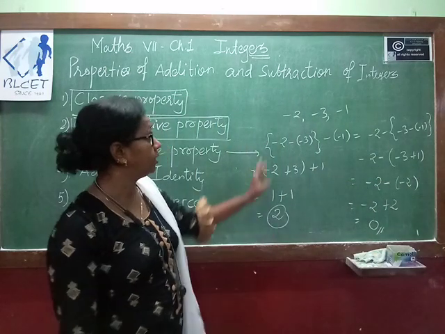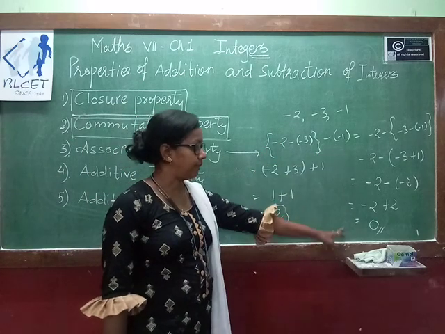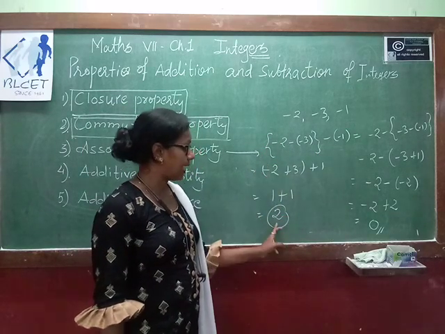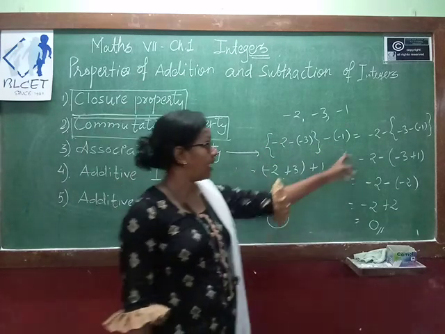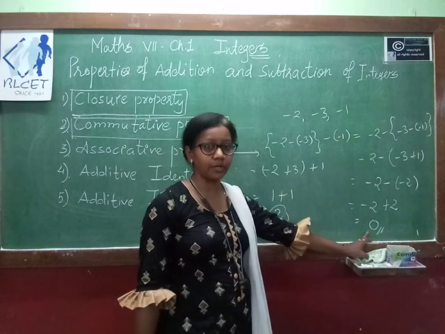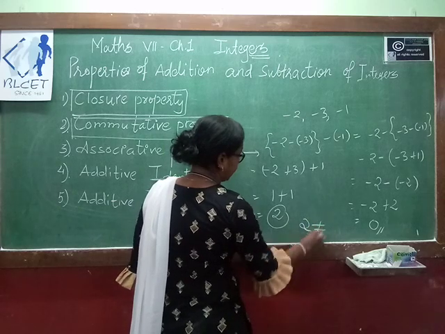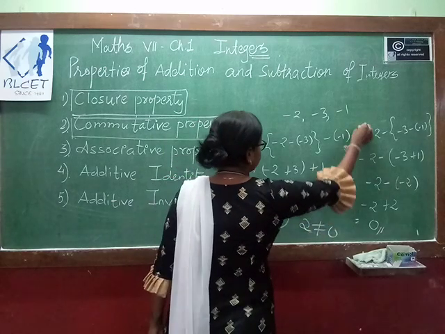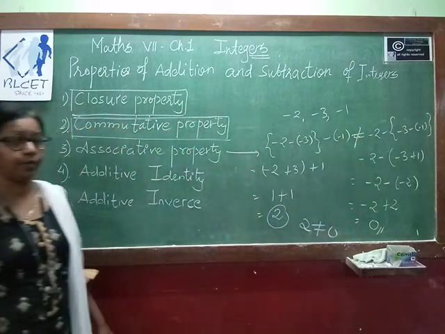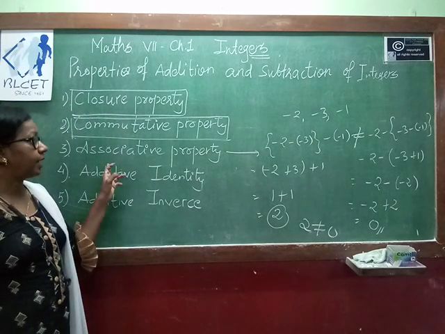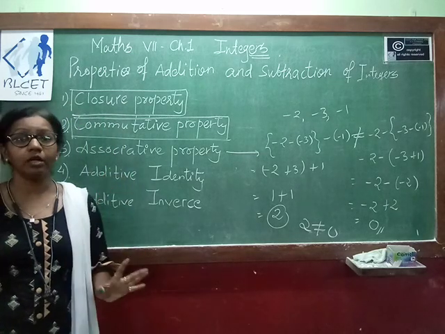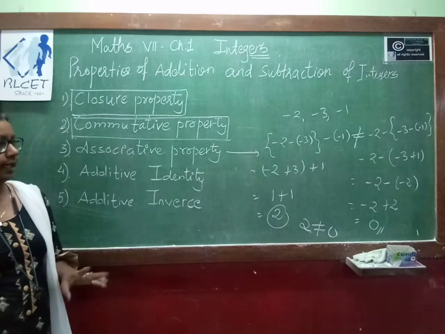When you solve this example, on the LHS you are getting the answer 2, on the RHS you are getting the answer 0. So we are not getting the same answer because 2 is never equal to 0. So we can say that for subtraction, the associative property does not hold for integers.